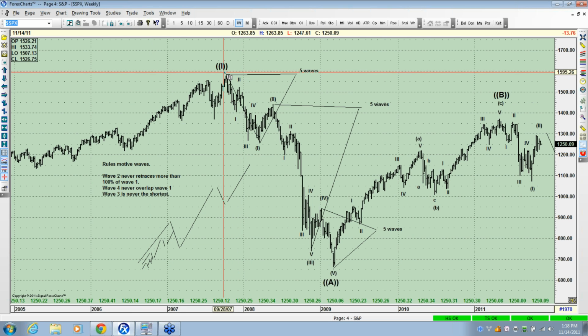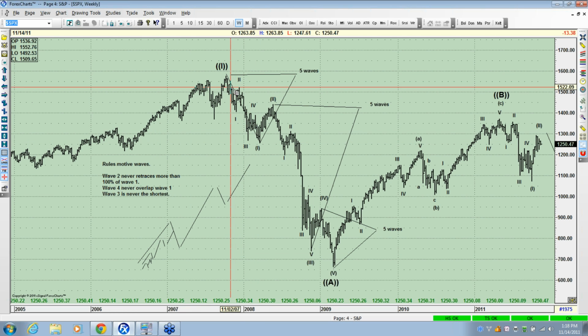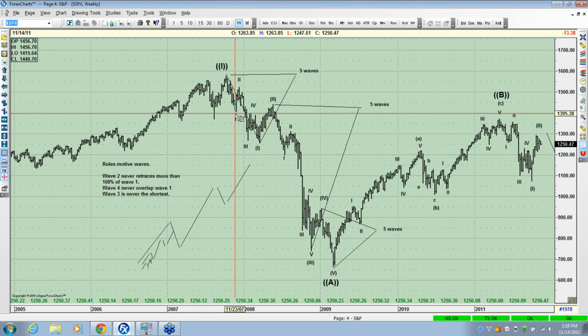You can see it here. From here to here, you have 5 waves, right? And then you have 1, 2, 3, 4, 5. Another 5. The same here. And here, another 5.